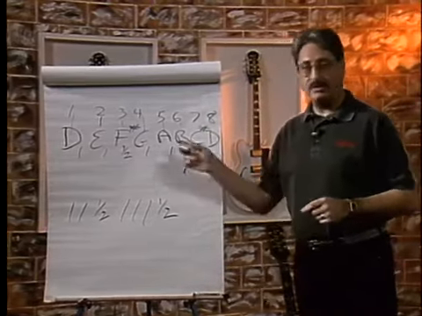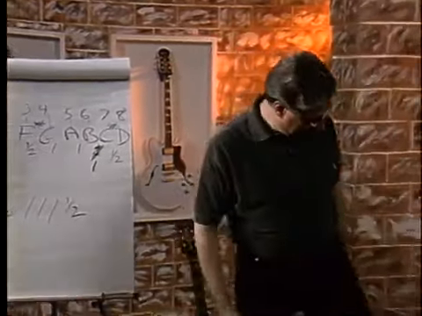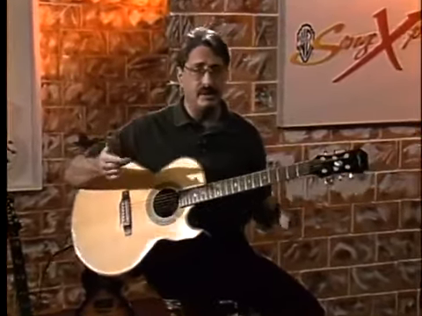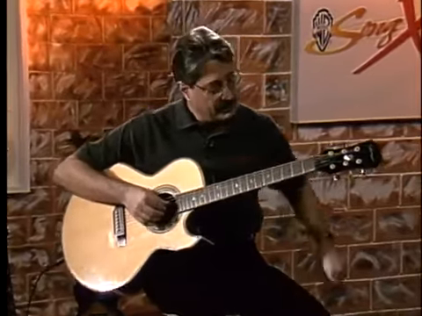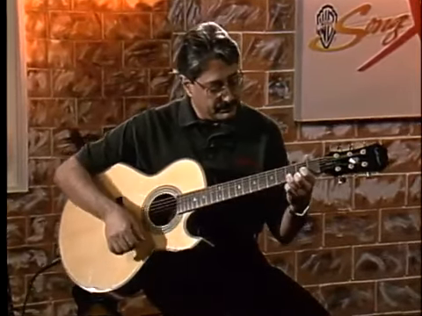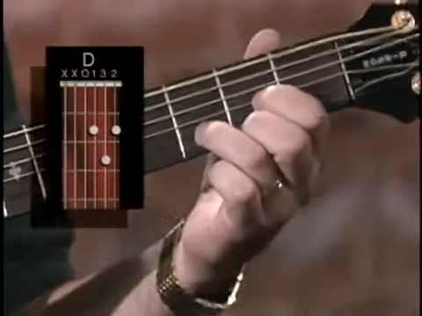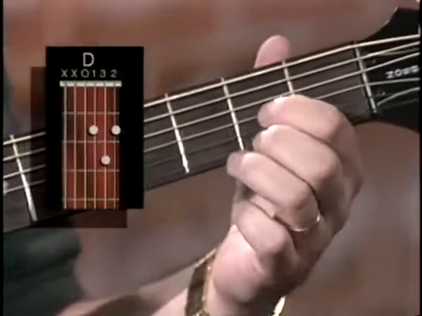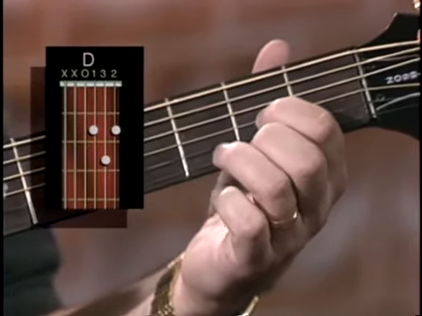Let's see how you play these chords. The first chord, D. We've already played D minor and D7. Of course, they are related. So for the D chord, play your 4th string open. Play the 2nd fret on the 3rd string with your 1st finger.